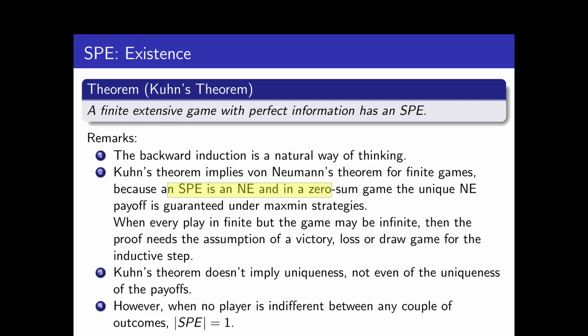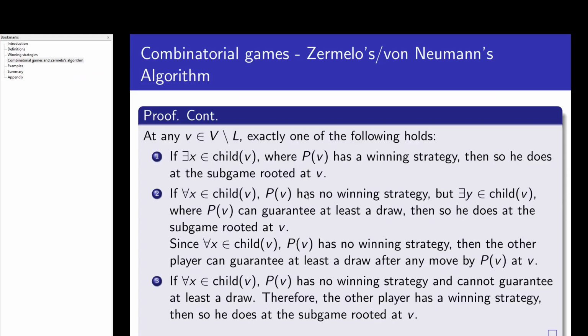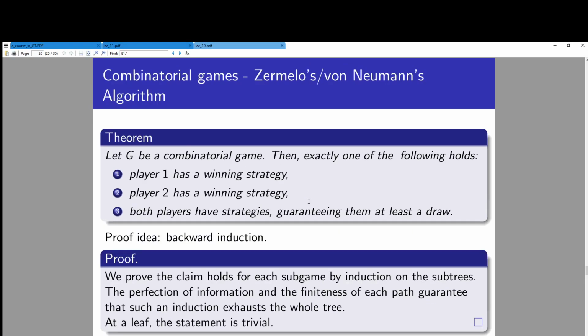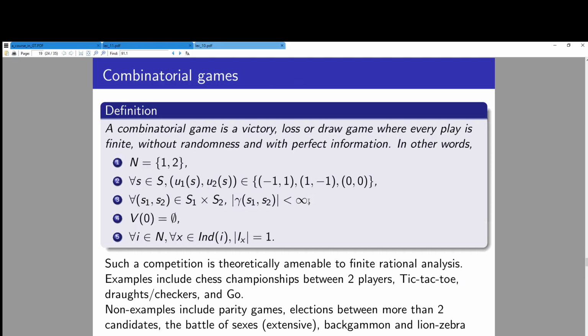What we proved is that for a combinatorial game, we have one of three options, and the definition of a combinatorial game is that every play is finite.